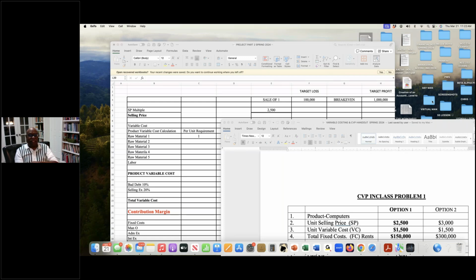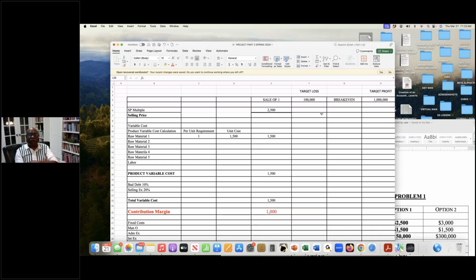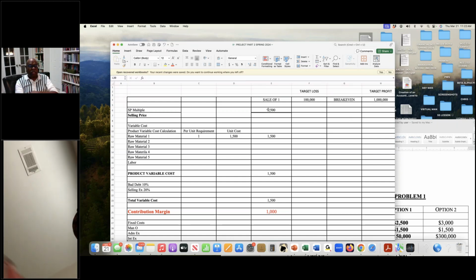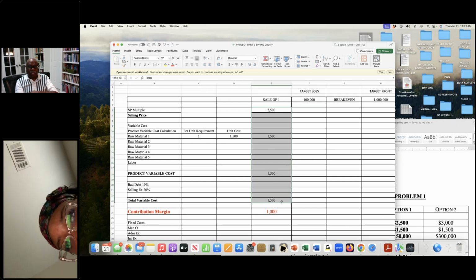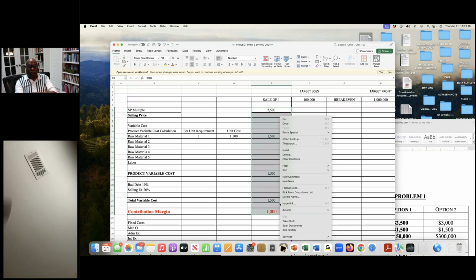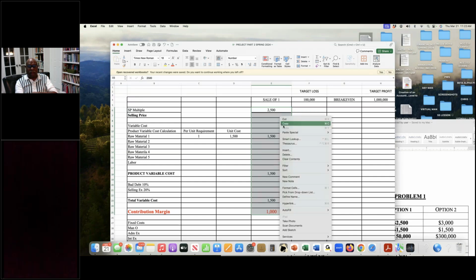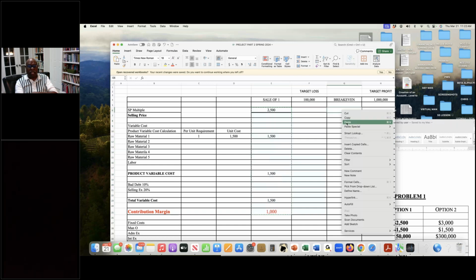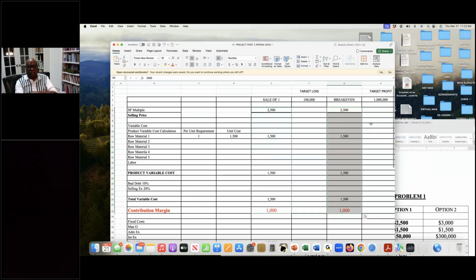150. How'd you get 150? So when we do it this way, what we can actually do is just copy this, and you are working on your spreadsheet for the exam. So we can paste these in the other places too.